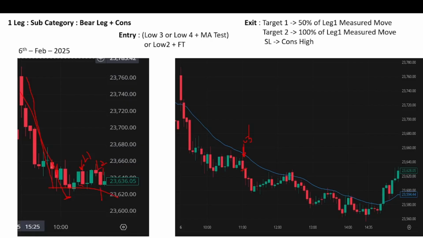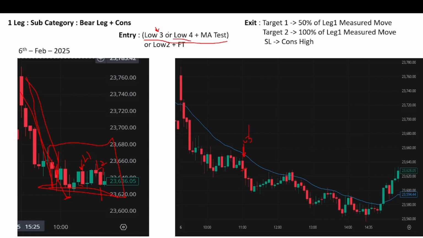Now, when the market made one leg and consolidation, the normal behavior that we should be expecting is for it to go lower, and the best entry for that, in this case, is low 3, and if the low 3 fails, low 4.